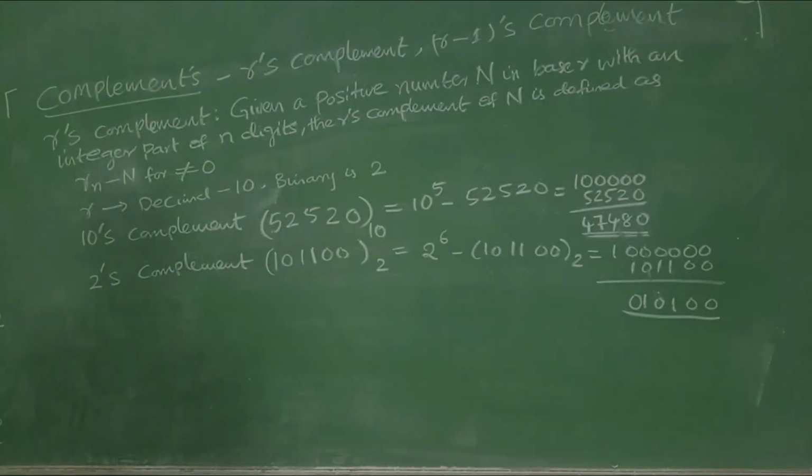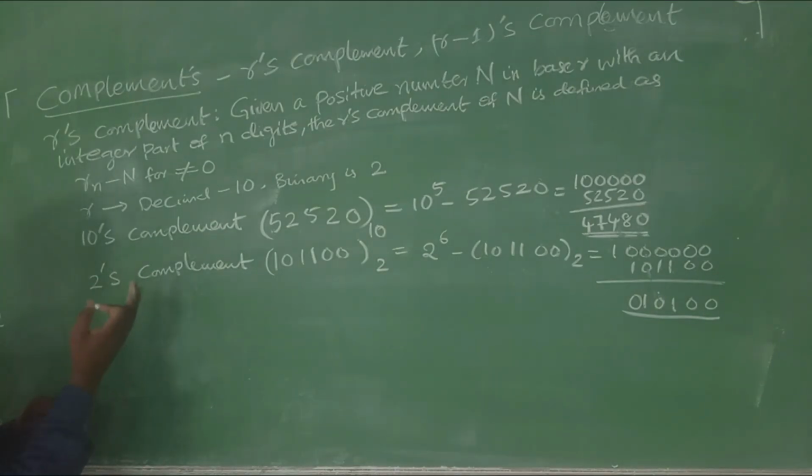Then we come to when the value is with a point, that means a binary number with a real, floating value.